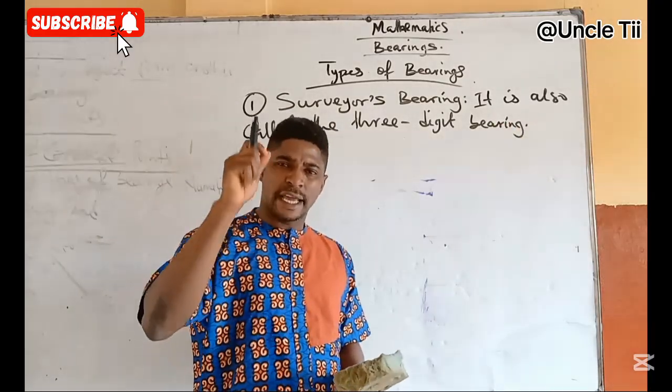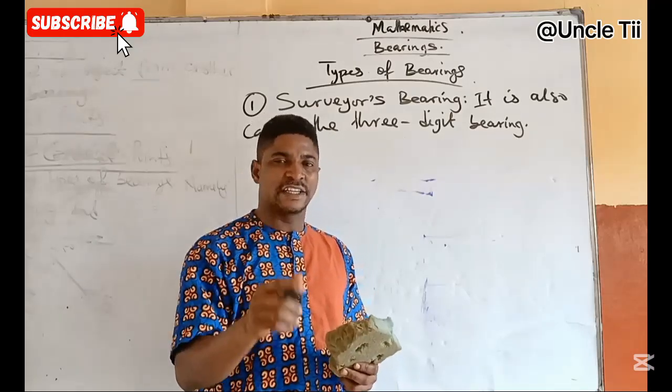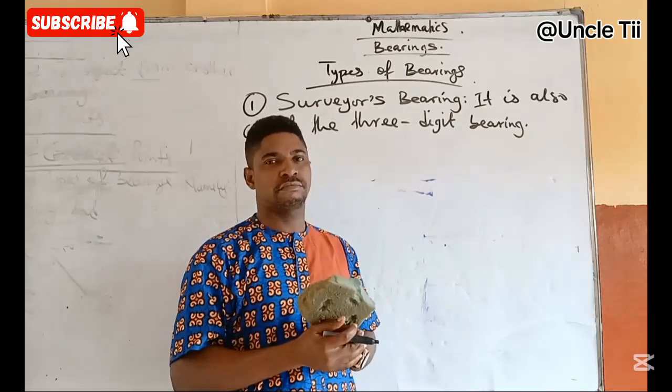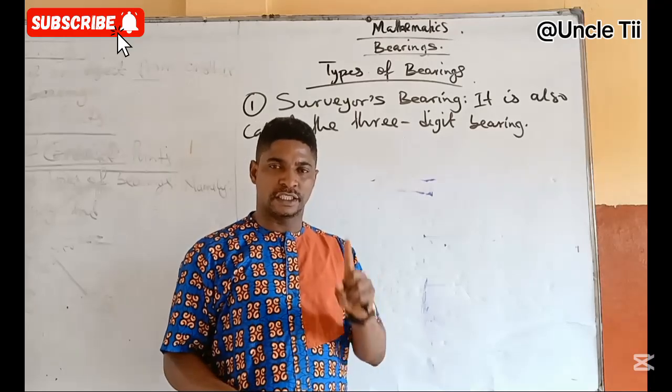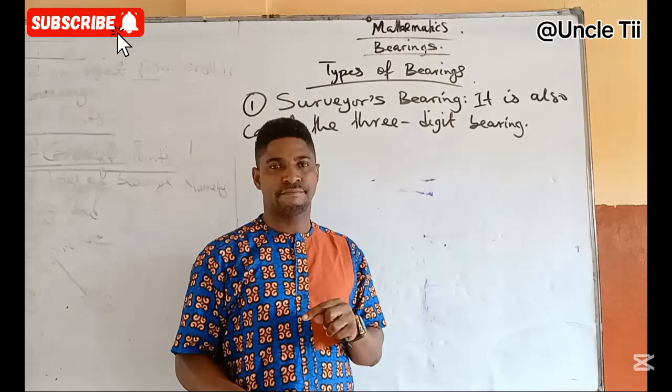It is a clockwise angular measure starting from the north. Don't forget, the surveyor's bearing is a 3-digit bearing.